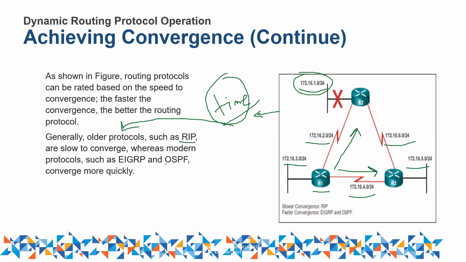Modern protocols like OSPF and IS-IS have what? Short convergence. Older protocols are slow because they have larger convergence time, and modern protocols are faster because they have short convergence time. Short convergence time means that they will take less time to share this information, to learn this information, and also to calculate this information for the best path selection. Okay. So when they take less time, we will call them what? Faster.